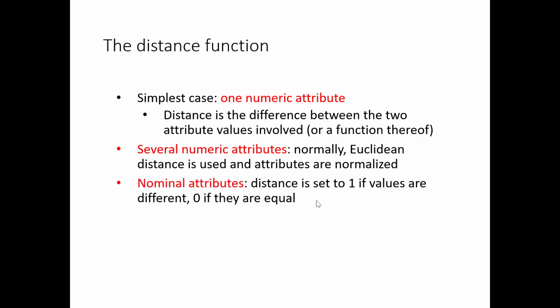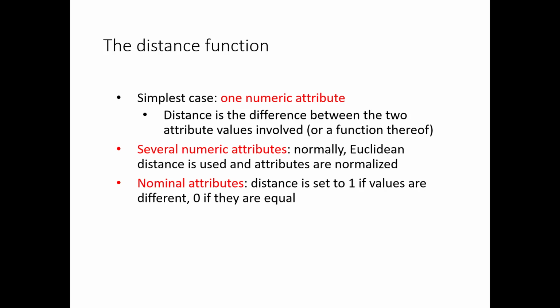But if you have a nominal attribute, what do we mean by nominal here? An attribute like outlook, which we discussed, could be sunny, rainy, or overcast.